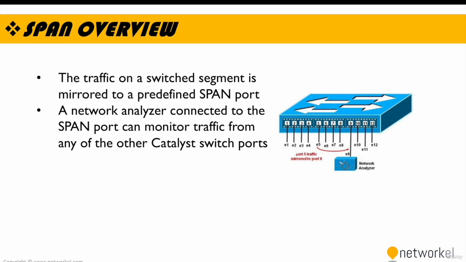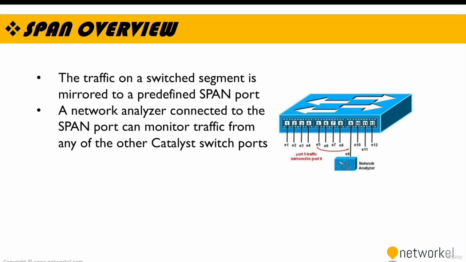These are typically ports where the traffic of interest originates. And then a destination port is configured to receive copies of the traffic from the selected source ports, and this port is where the monitoring device, such as an analyzer, packet capture tool, etc.